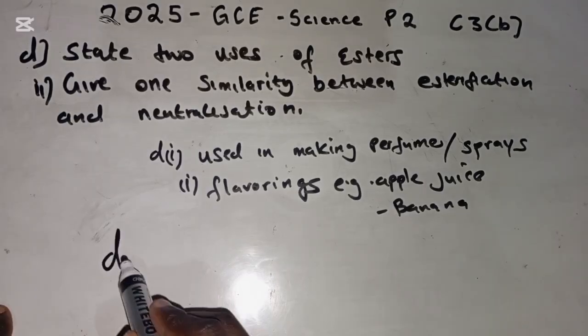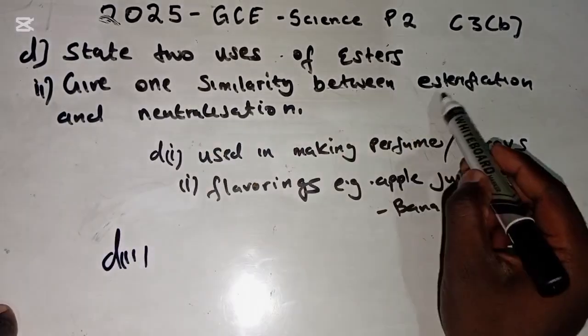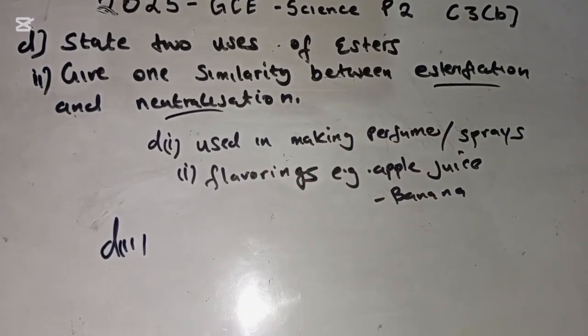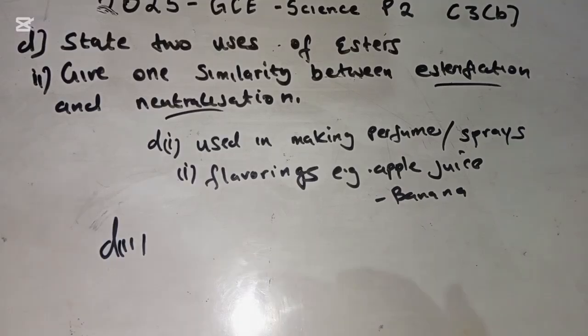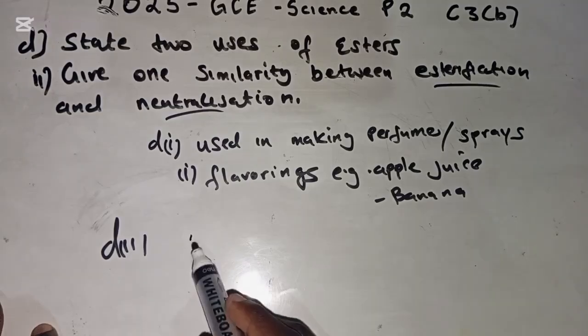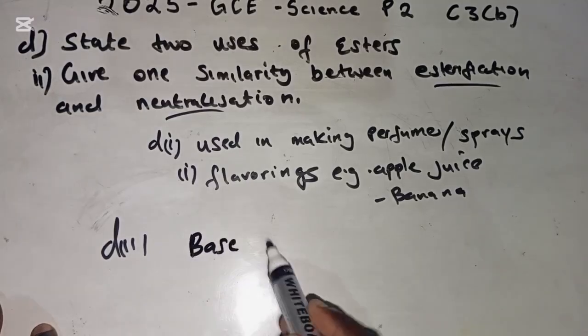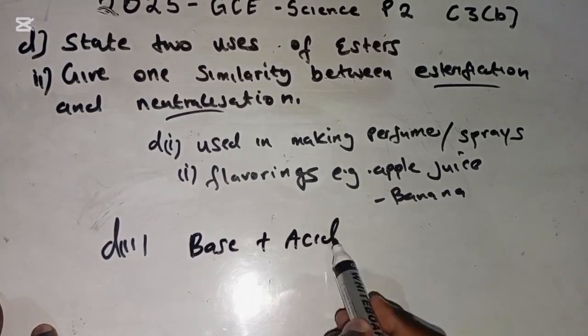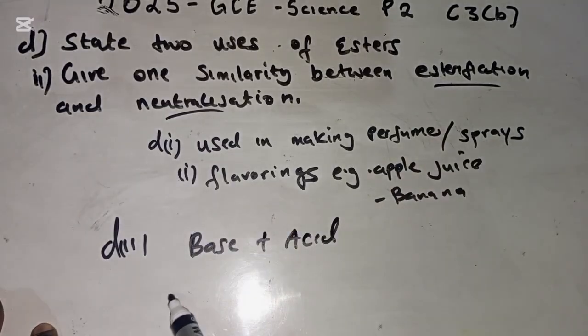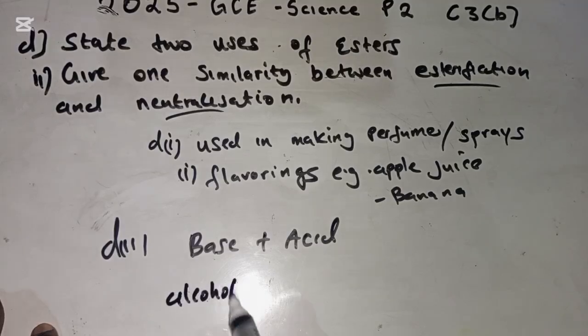Then D2, similarity between esterification and neutralization. Let's start with neutralization. Neutralization is a reaction between a base plus an acid, while esterification is a reaction between an alcohol plus a carboxylic acid.